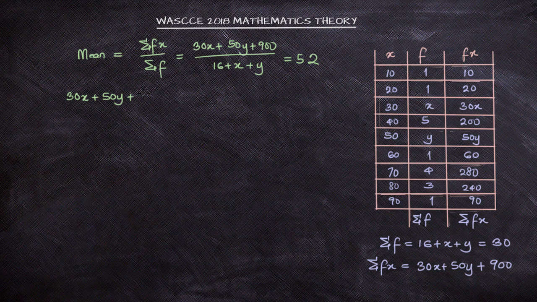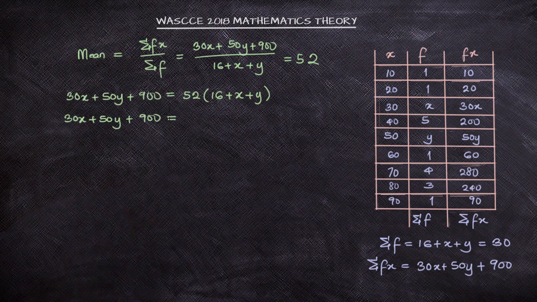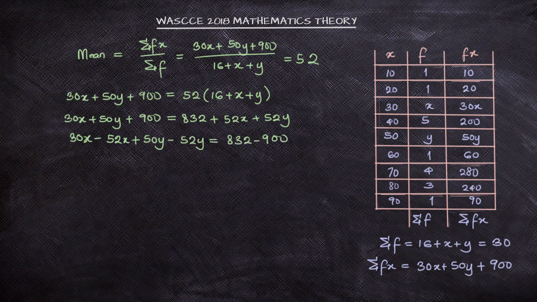30x plus 50y plus 900 equals 52 into 16 plus x plus y. But alternatively, we could have said 52 multiplied by 30. But let's go ahead. 52 multiplied by 16 is 832, plus 52x plus 52y. So if we collect like terms, 30x minus 52x plus 50y minus 52y equals 832 minus 900.